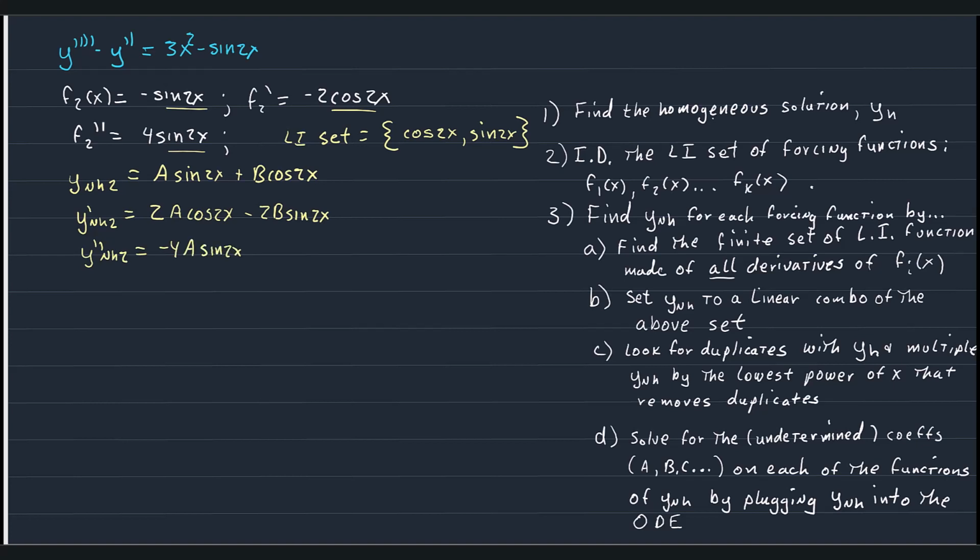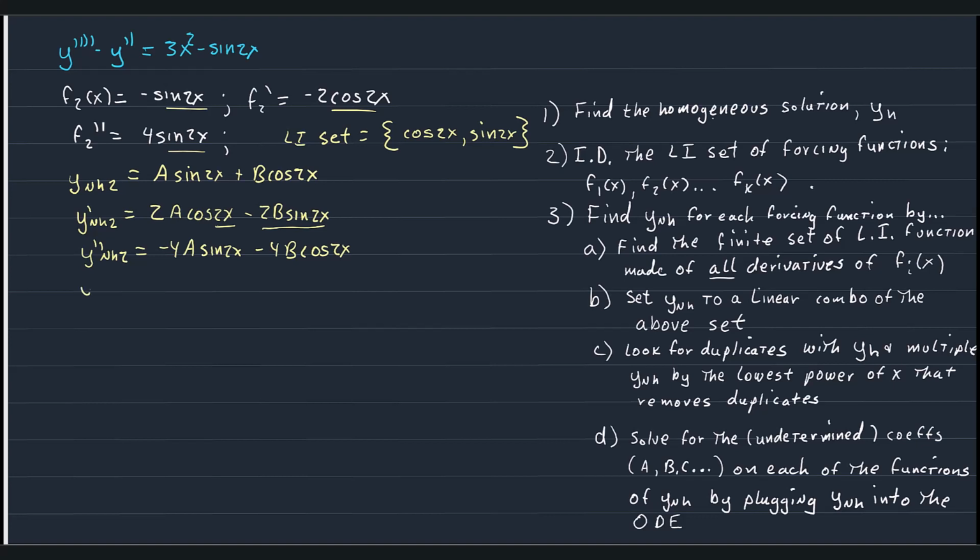The derivative of cosine is minus sine, and then we have to multiply by 2 out front because we have to take the derivative of the 2x. The second derivative of the other term is minus 4b cosine 2x.